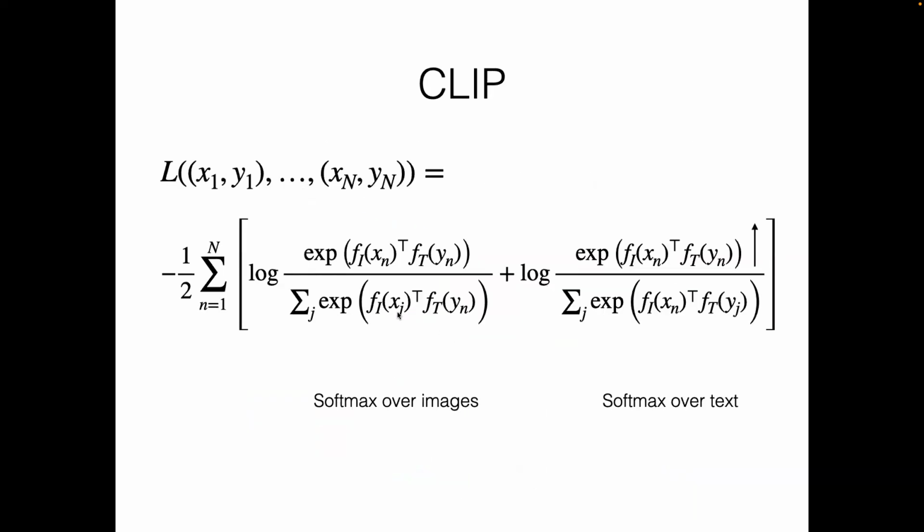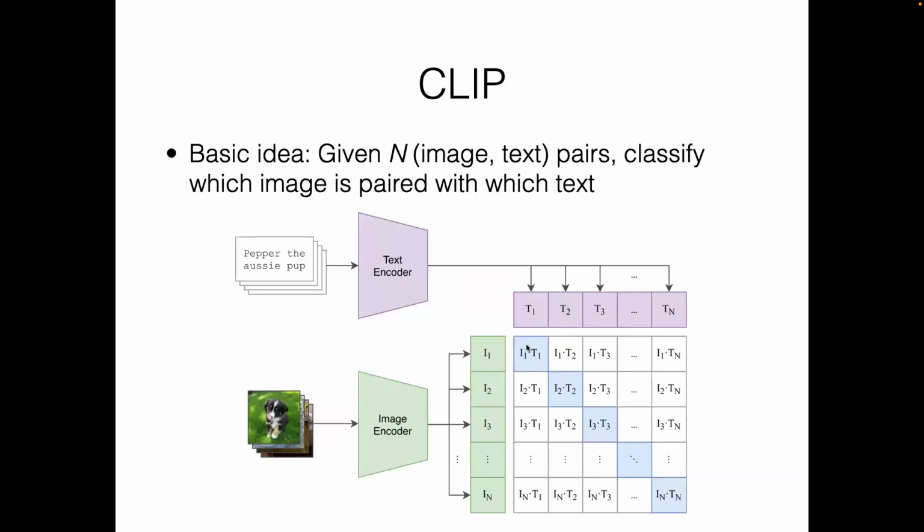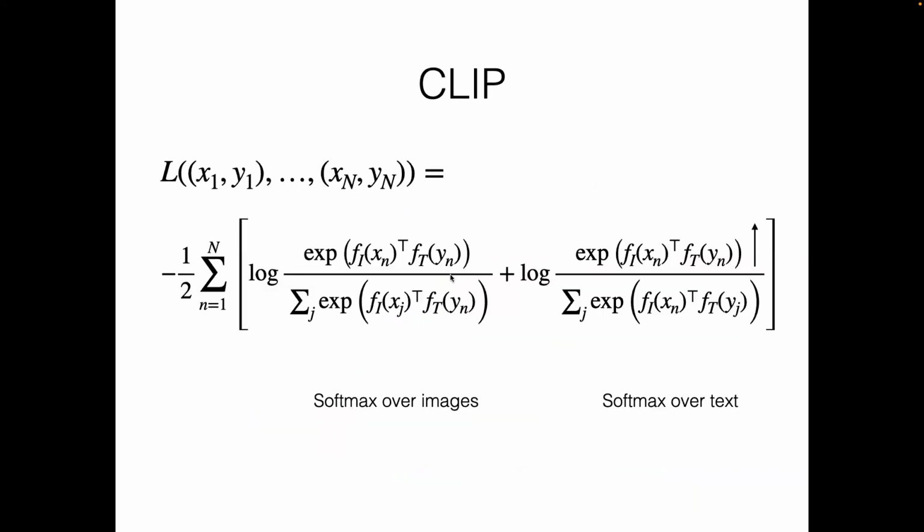Softmax over images. So for each different column, we're going to have a softmax. And we're going to increase the score of this blue square here. So you can see here x_n and y_n, if they're the same, get pushed up. And then in the denominator, you have everything else here. And since it's a softmax, everything has to sum to 1. So as you push this one up, the other ones are going to get pushed down.